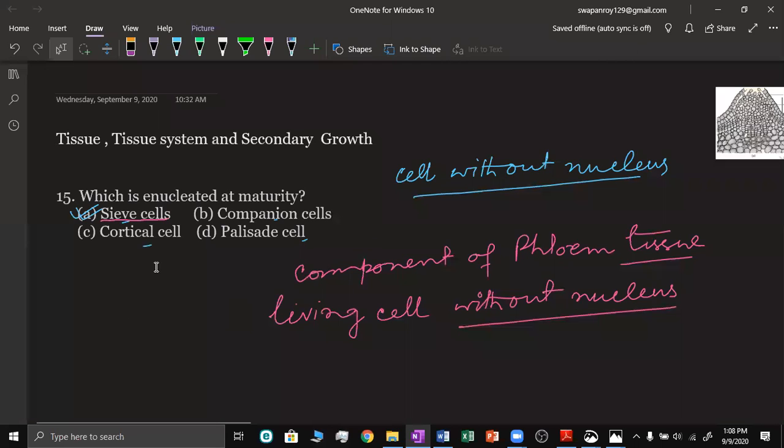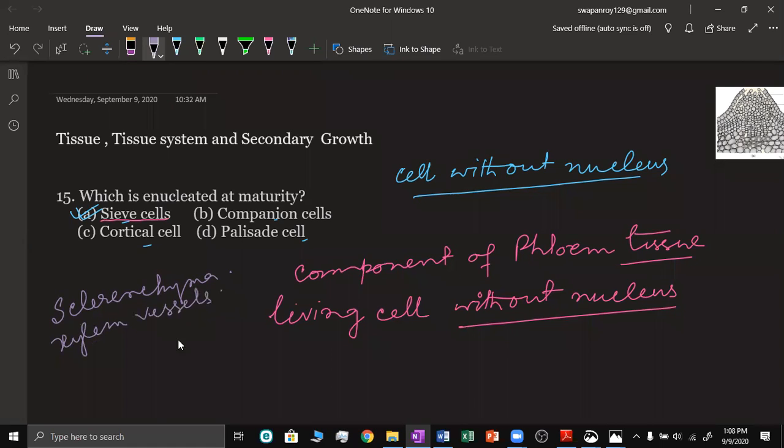Of course, in other tissues like sclerenchyma, and xylem vessels, they also don't have a nucleus.